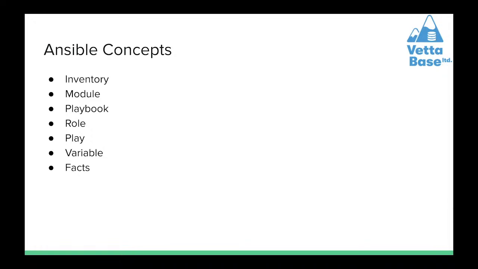A module is basically an Ansible object that you can use to interact with a certain system component. For example, some modules are system users, files, MySQL, and so on.